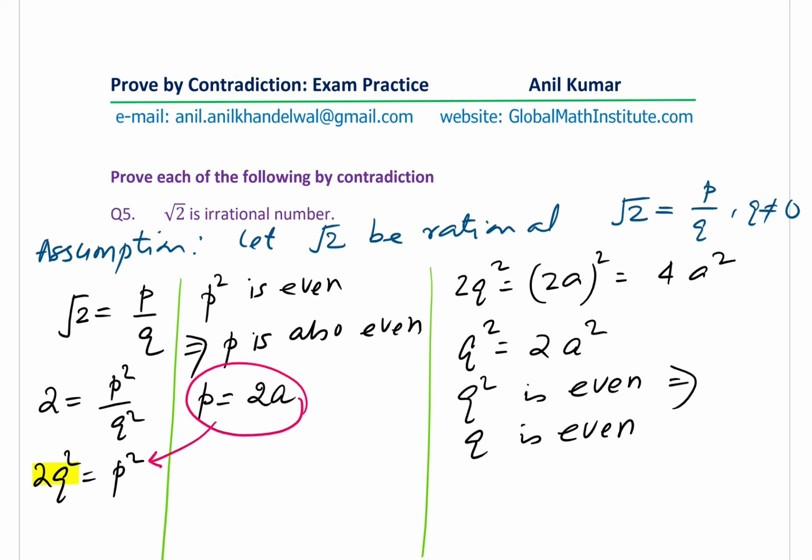Since when we were saying that square root of 2 is equal to p over q, then p and q do not have any common factor, right? But here both being even, so both p and q are even, which means the assumption is wrong.